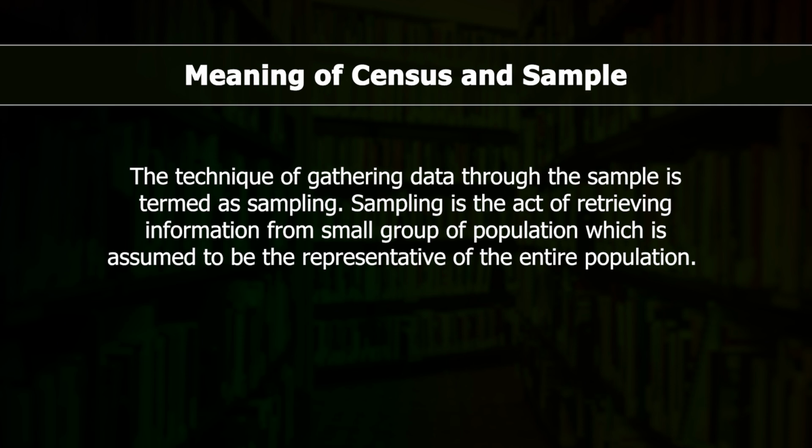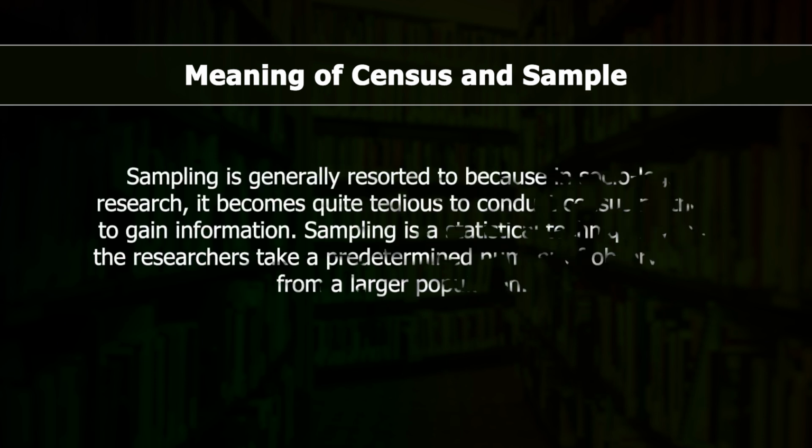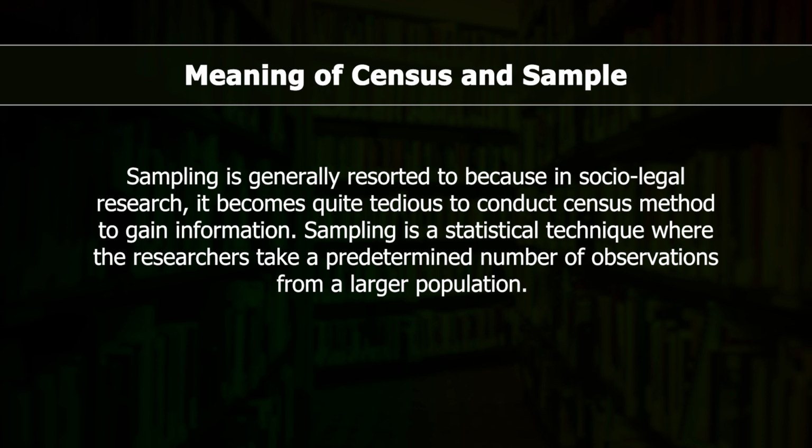Sampling is the act of retrieving information from a small group of population which is assumed to be the representative of the entire population. Sampling is generally resorted to because in socio-legal research it becomes quite tedious to conduct the census method to gain the information.